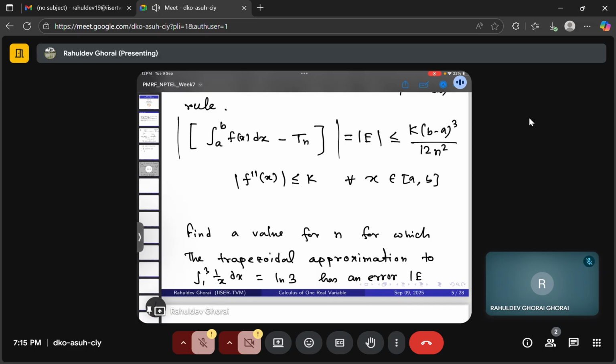That error E is less than or equal to 10 to the power minus 4 over 3.